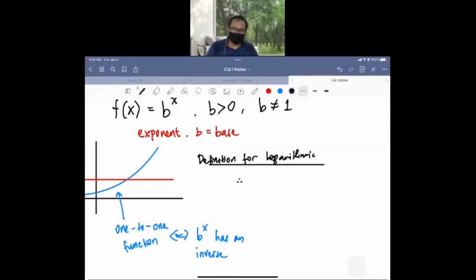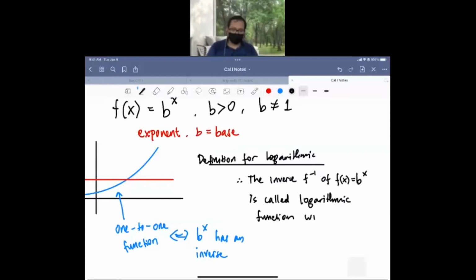We can say that the inverse of b to the power of x, or let me write completely with the function, is called the logarithmic function with base b.